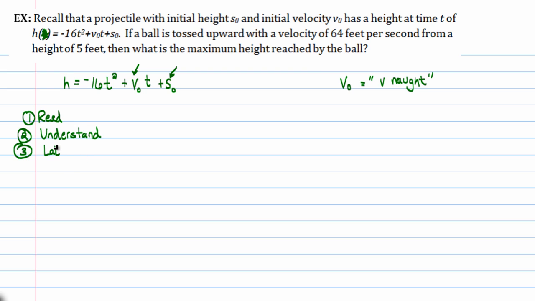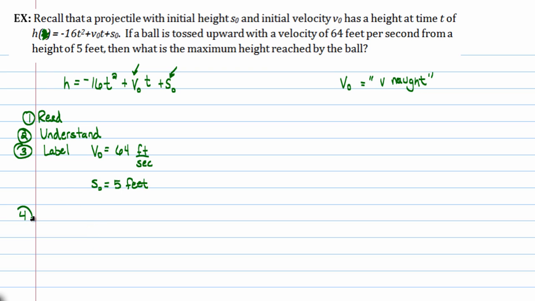They've told us what our v naught, our initial velocity, is. They say the ball is tossed upward with a velocity of 64 feet per second. And then they say it's tossed from an initial height, s sub 0, of 5 feet. Perfect.